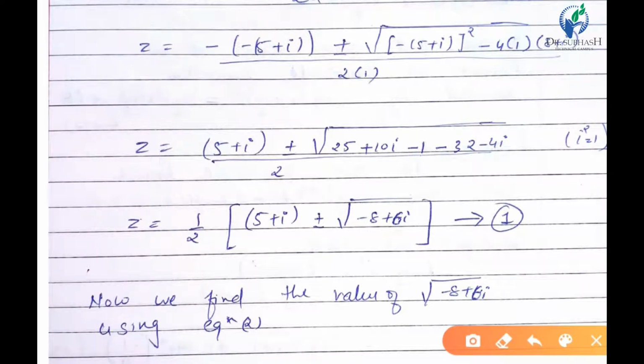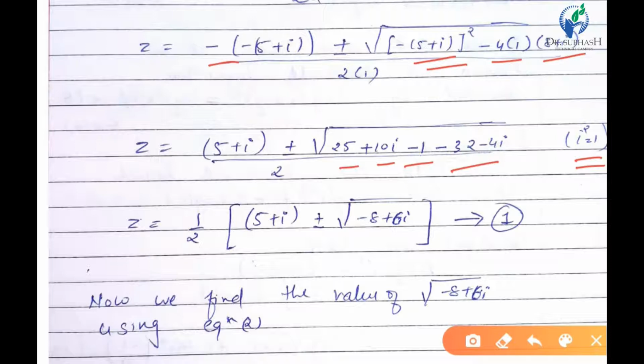This minus minus will become plus. For this part we will use (a plus b) whole square, that is a square plus 2ab plus b square. We know that i square equal to minus 1, and we will multiply this minus 4 with (8 plus i). So we will get minus 32 minus 4i.